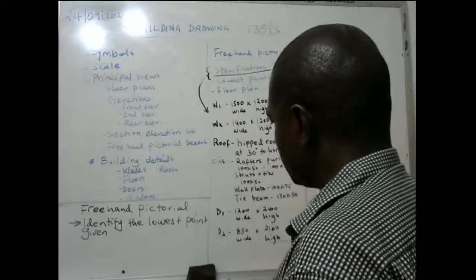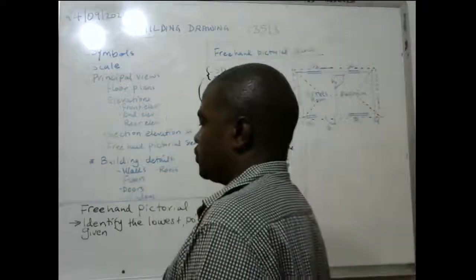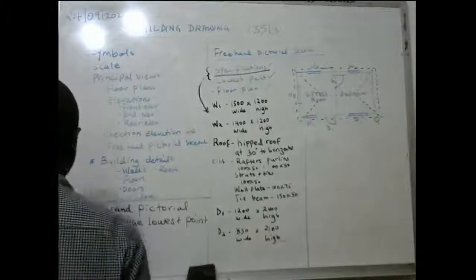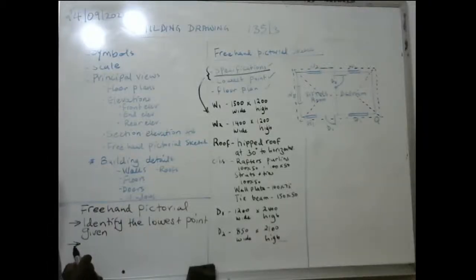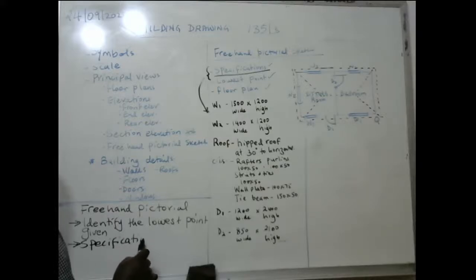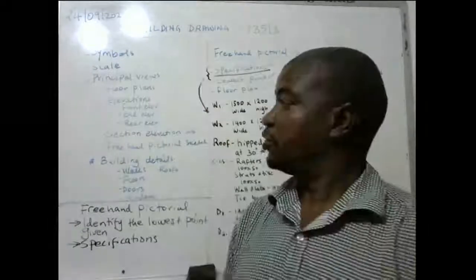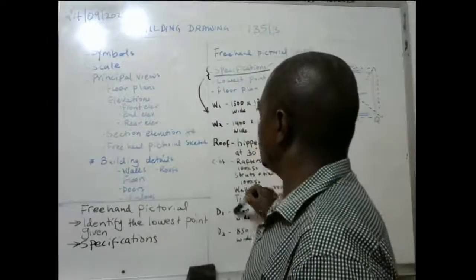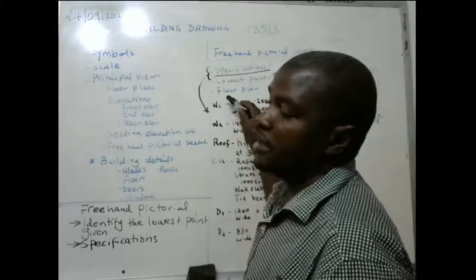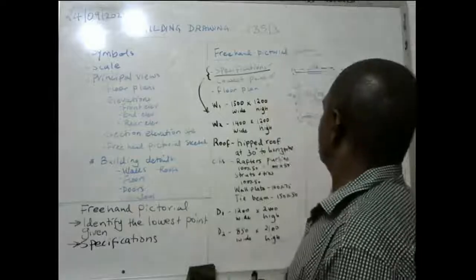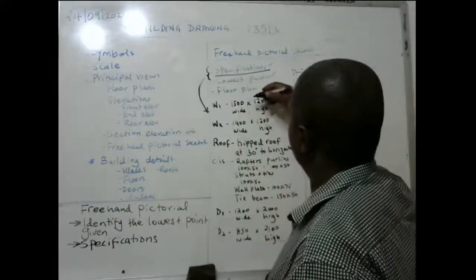Then, when you are drawing the freehand pictorial, you must also put into consideration the specifications. The given specifications, you must try to put them into consideration. You have to read this list of specifications and then understand. There may be some information that was not given.